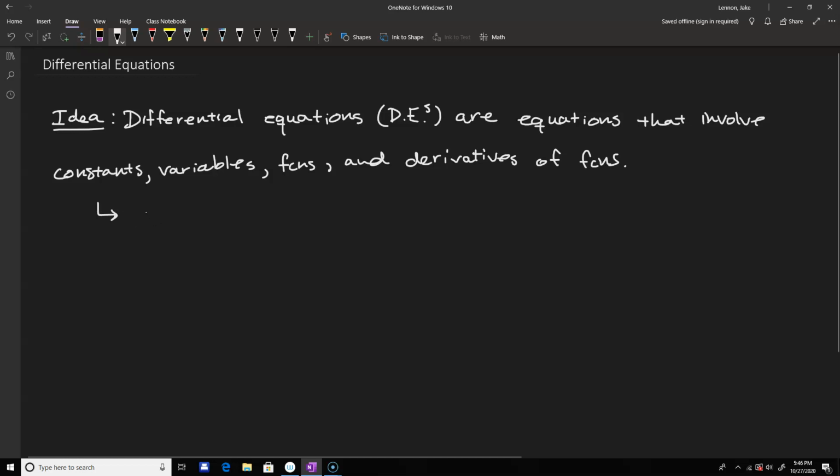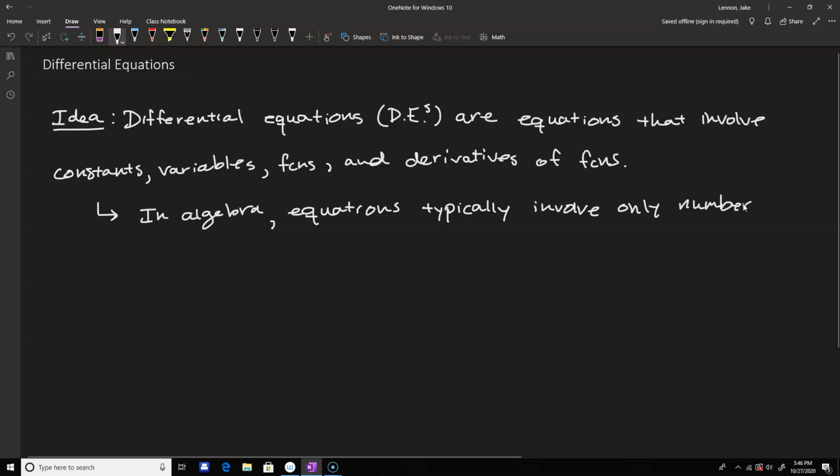So in algebra, as we said, equations typically involve only numbers and variables. And the solutions to these types of equations are just given by numbers.